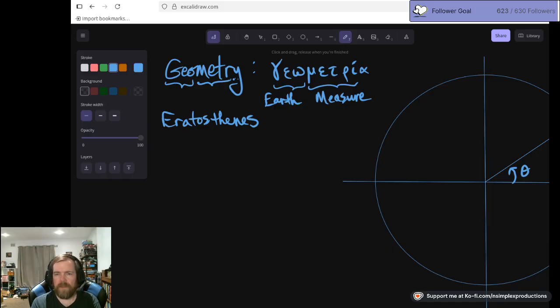So yeah, Eratosthenes allegedly had a deep well in, allegedly, Alexandria. It is not below the Tropic of Cancer, so the sun should not be literally directly overhead.